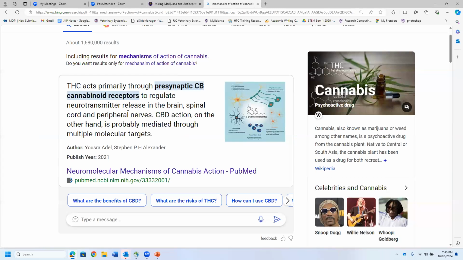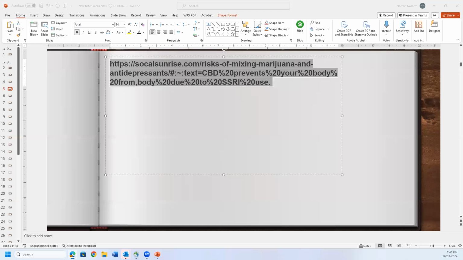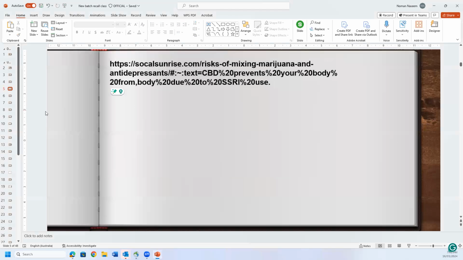So if you are interacting it with an SSRI, this can cause the SSRI blockade on the receptors because it's already occupying that. In this way, the SSRI concentration gets very high in the blood level, and it stays in the body for a longer period of time, leading to serotonin syndrome. Is it clear?